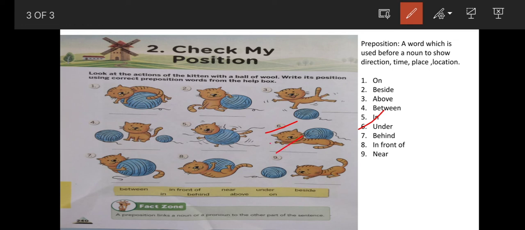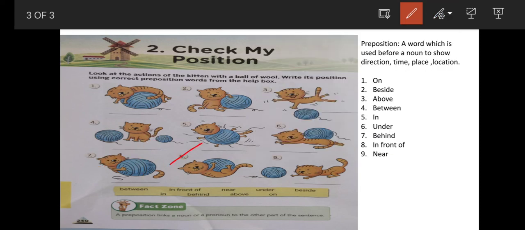The cat is under the wool. Next, 7. What is the position of the cat? The position of the cat is behind the wool. The cat is behind the wool. This position is called behind.